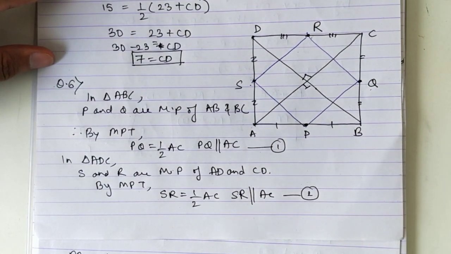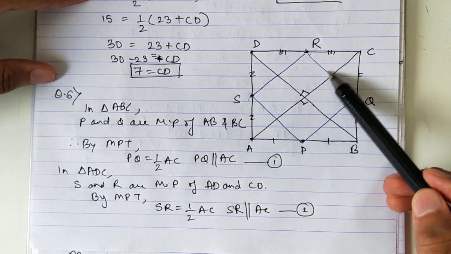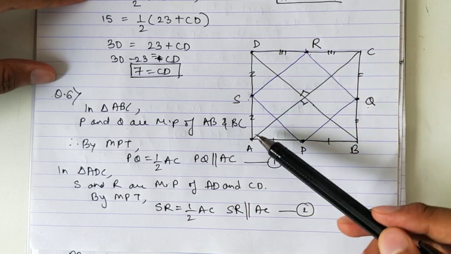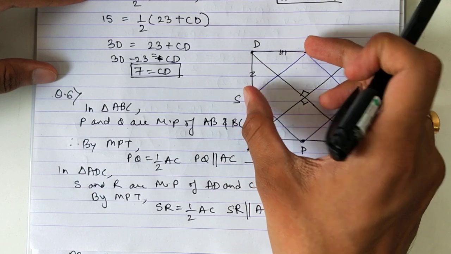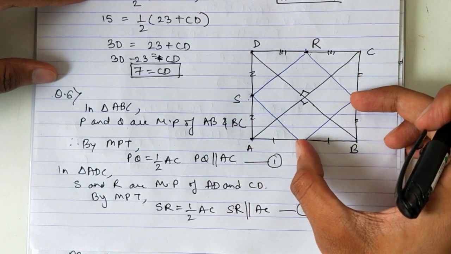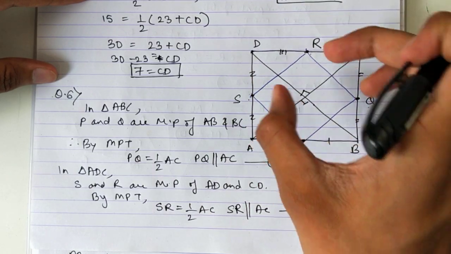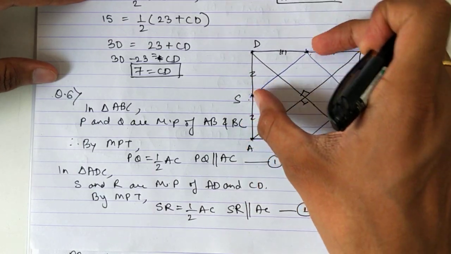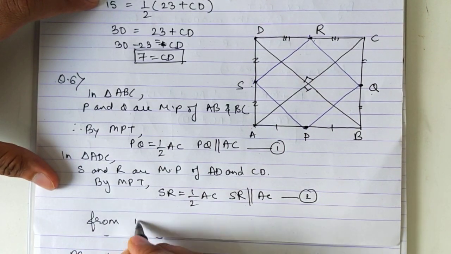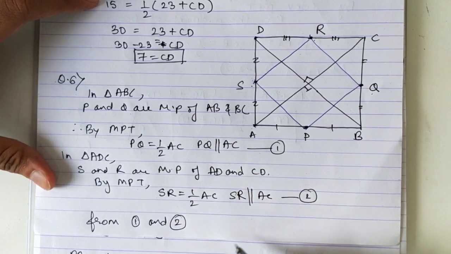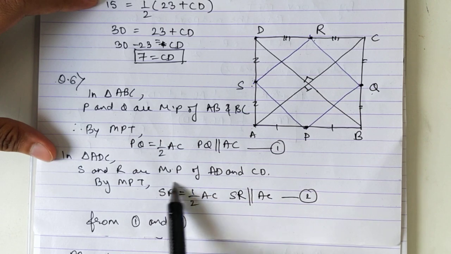I'm getting this. Now if PQ is half of AC and SR is also half of AC, okay, if suppose AC is 10, then SR is 5, and if AC is 10 then PQ is also 5. This means PQ and SR are the same, because PQ is half of AC and SR is also half of AC. Correct? So I will write, from 1 and 2, PQ is half of AC and SR is half of AC.